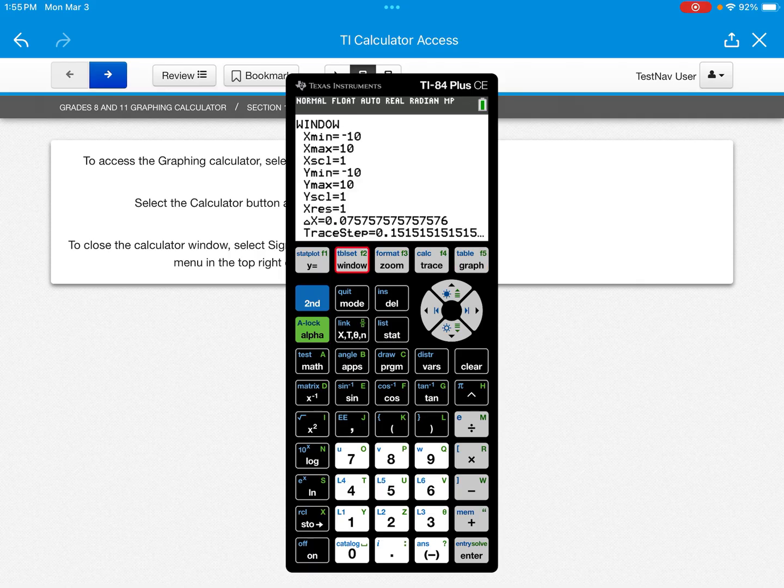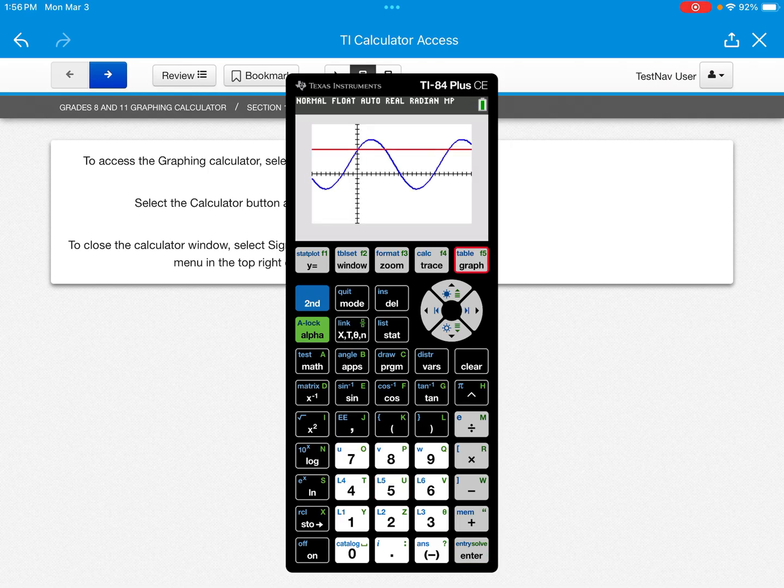So we need to go to the window and we need to extend that x max further than 10. I'm going to call it 25. I'm just guessing. I need it to go out further. Now if that first solution really is positive, I do have 3 solutions. So let's try it from here.